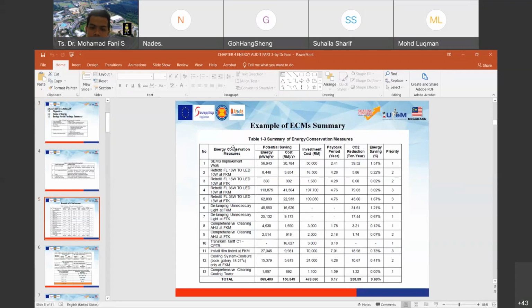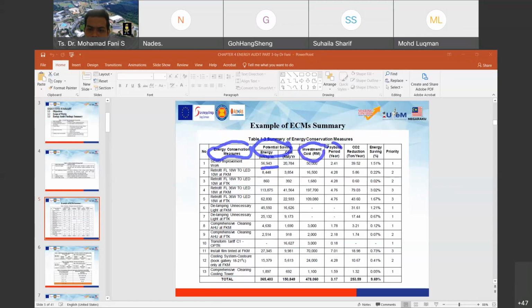In a table like this, you can see the proper arrangement of the energy conservation measures. Here the table shows at least 13 energy conservation measures with the potential saving value in terms of energy and also in terms of cost.